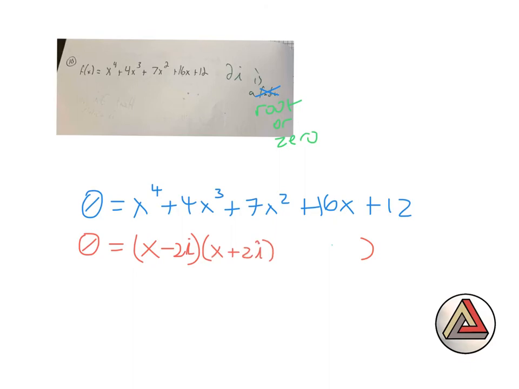So if you follow my reasoning, you knew that 2i is a root, therefore x minus 2i has to be a factor. And since x minus 2i is a factor, then we know for sure that x plus 2i also is a factor, and that's going to be multiplied times some other factor.